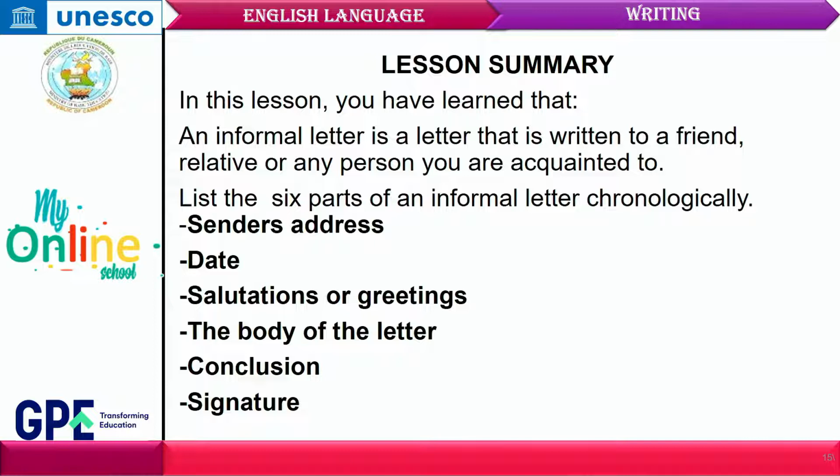Then, the 6 parts of an informal letter chronologically are the sender's address, the date on which the letter is written, the salutations or the greetings, the body of your letter, the conclusion, and the signature. And it has an appropriate layout, which we saw in our lesson.